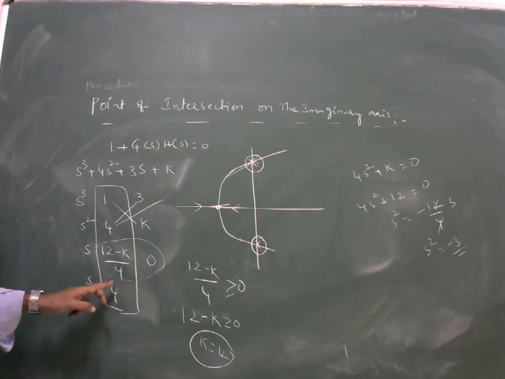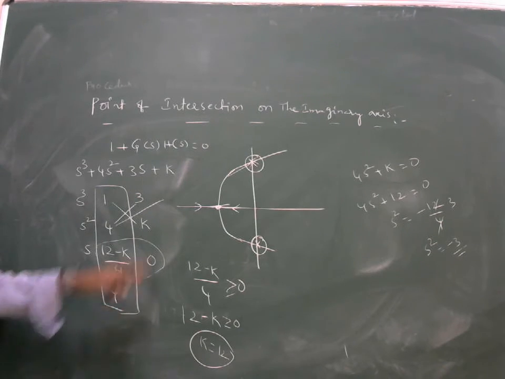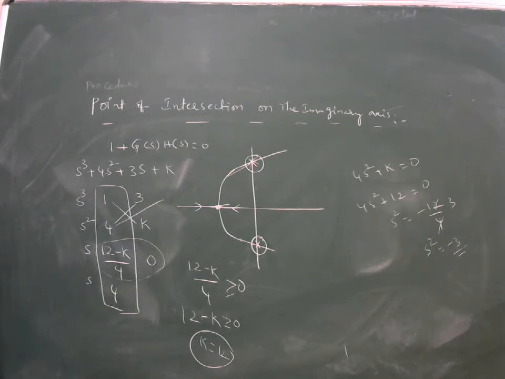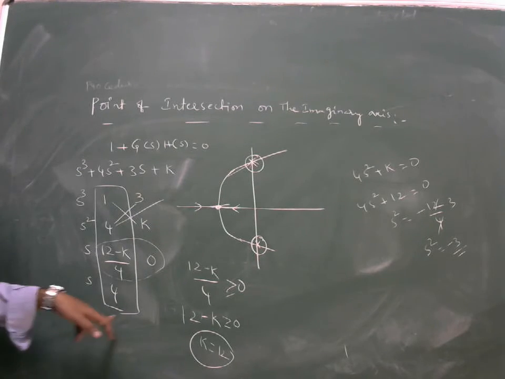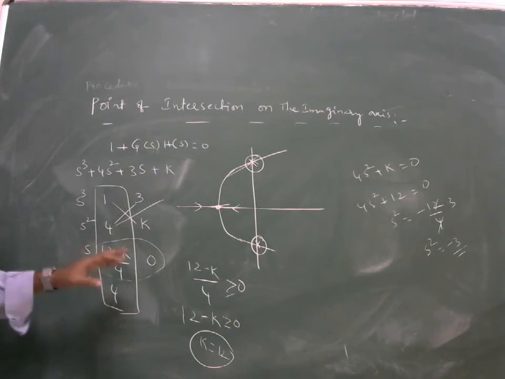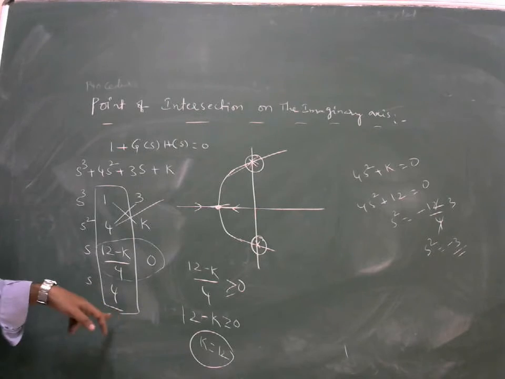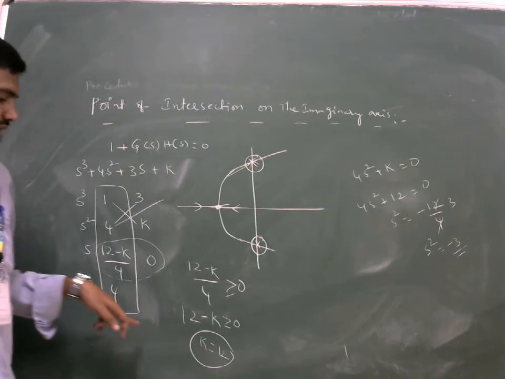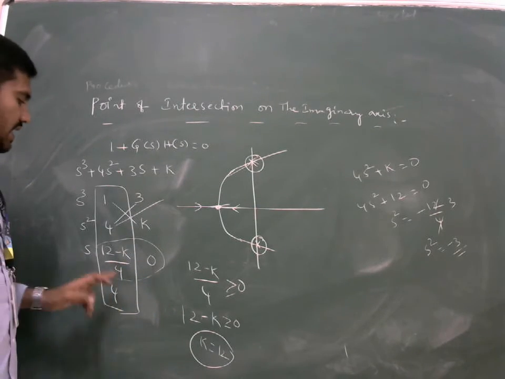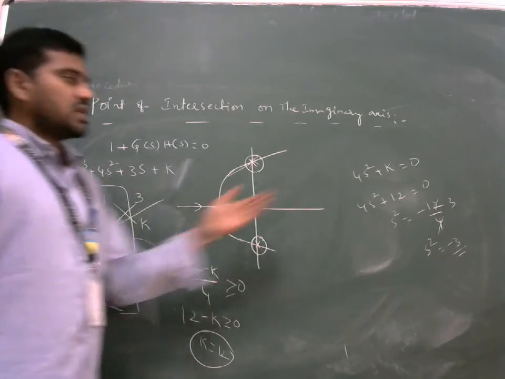12 minus k divided by 4, which must be greater than or equal to 0. To satisfy this criterion, 12 minus k by 4 must be greater than or equal to 0. Then you get a k value. Once you get the k value, you need to apply the auxiliary equation, 4s square plus k.